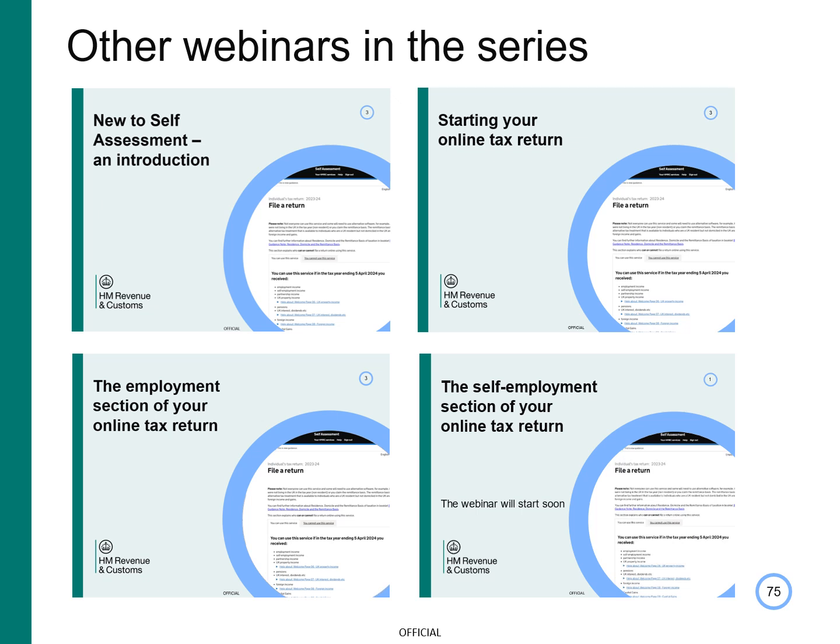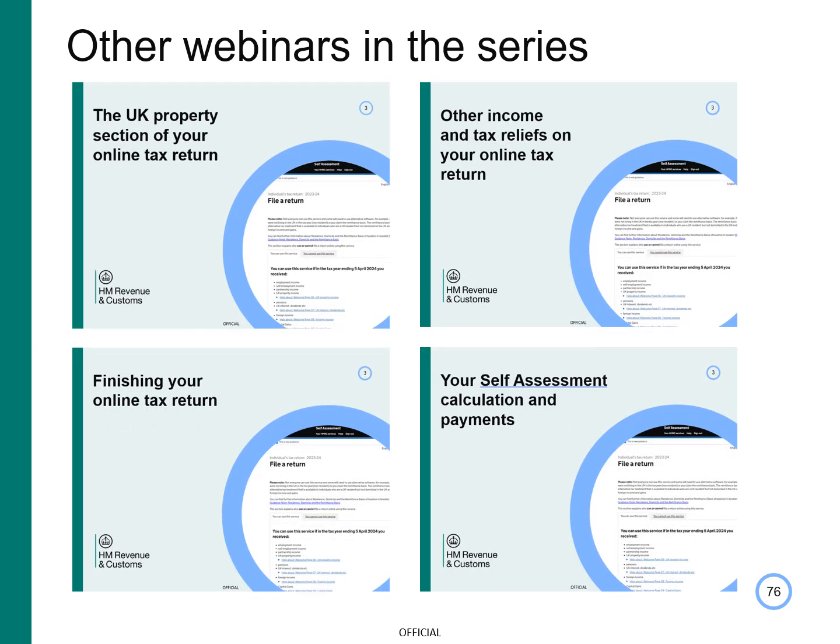I'll just remind you about our other webinars in the series. They are New to Self-Assessment and Introduction, Starting Your Online Tax Return, the Employment section of your online tax return, the Self-Employment section of your online tax return, the UK Property section of your online tax return, other income and tax reliefs on your online tax return, finishing your online tax return, and your self-assessment calculation and payments.